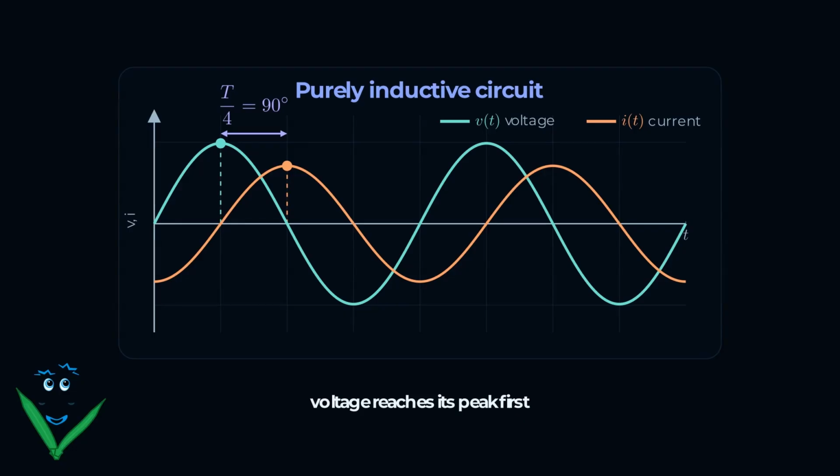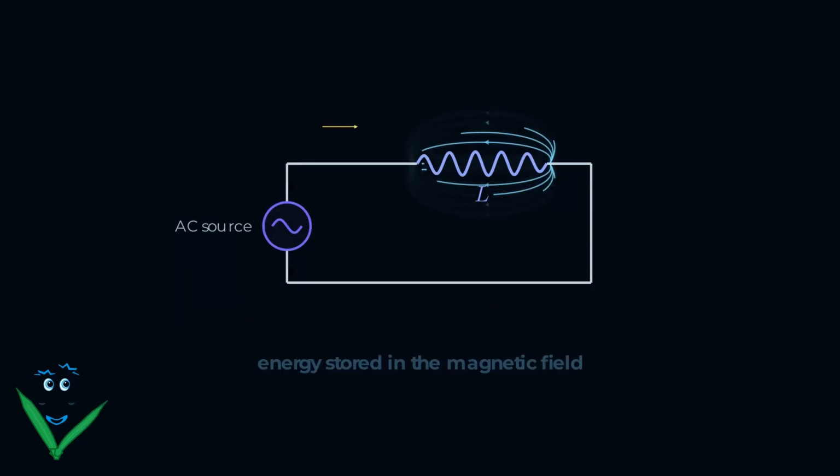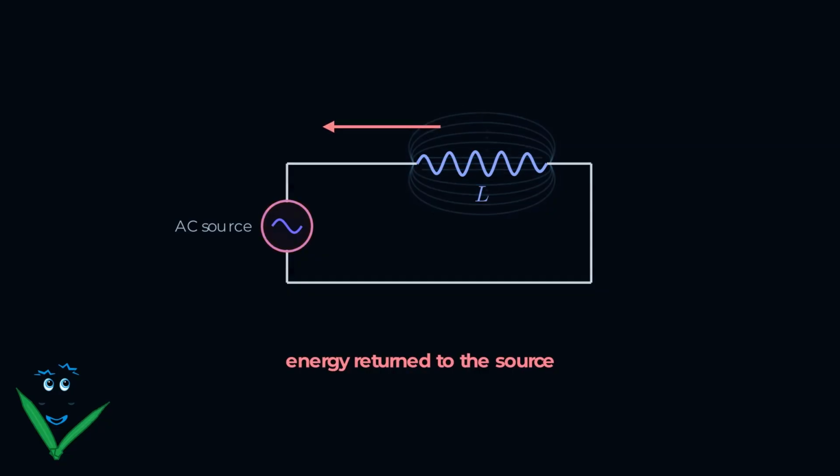When the instantaneous voltage and current are multiplied, the resulting power waveform moves equally above and below the zero power axis. When the power is positive, energy flows from the source into the inductor and is stored in its magnetic field. When the power is negative, the inductor releases that energy back to the source.